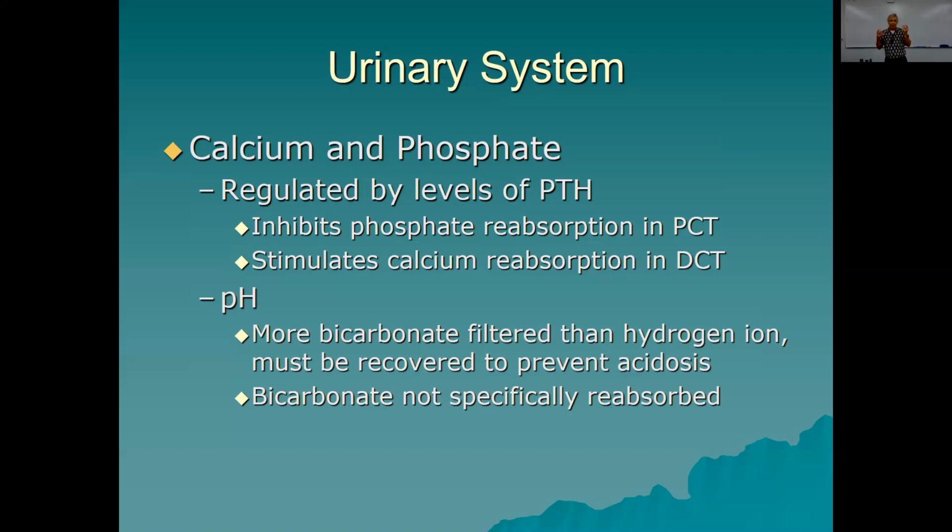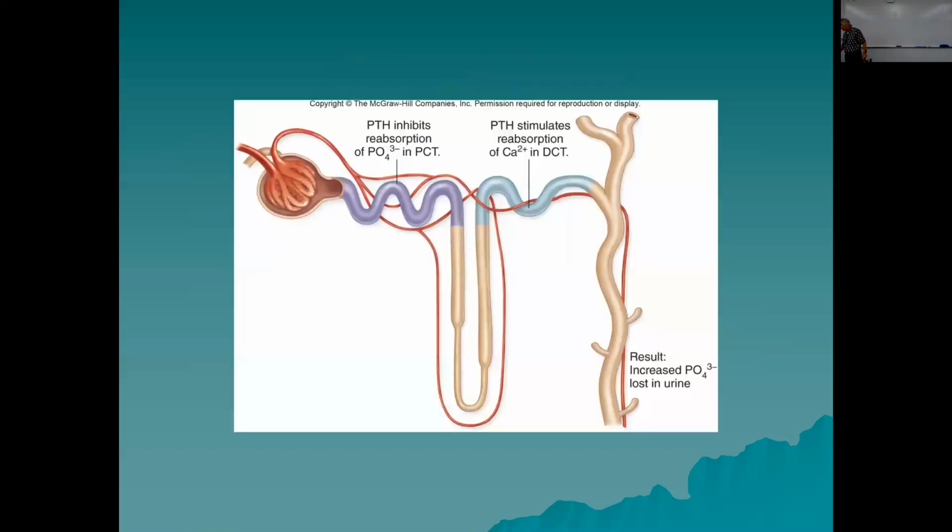This is why I said before you need to really memorize this equation, because you keep on seeing it over and over again. We'll see it in the next chapter as well. Matter of fact, we'll talk a lot more about pH regulation in the next chapter.